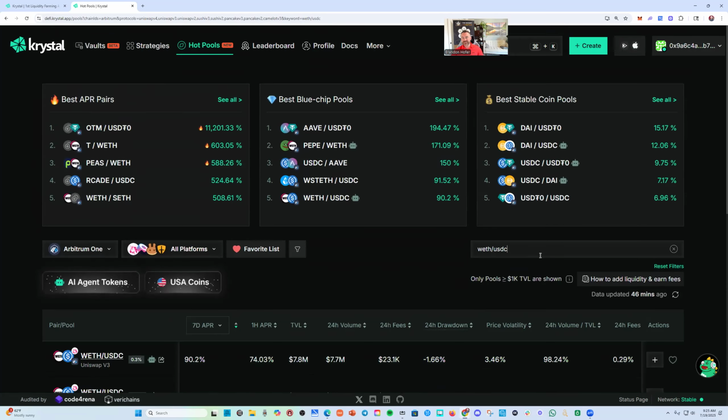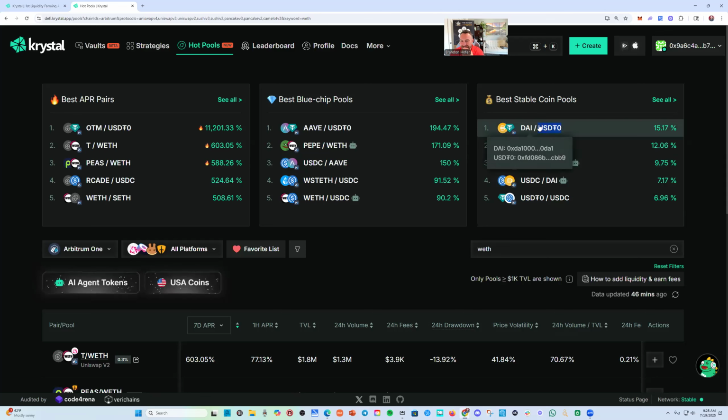As a fun side note, stablecoin pools. This is pairing stablecoins, because people trade USDC for USDT, DAI for USDT. Oh, I searched for it the wrong way. I don't know how to type that funny T. What I just now noticed is that it's displaying this.